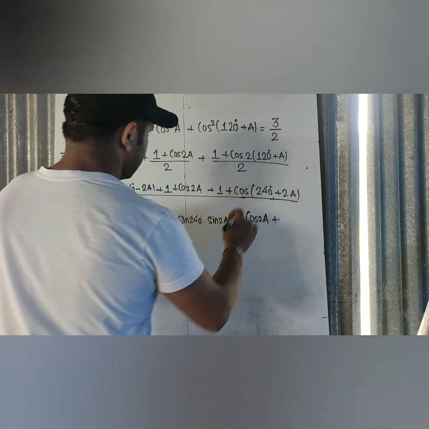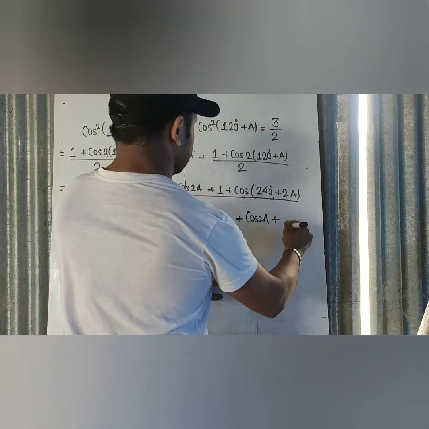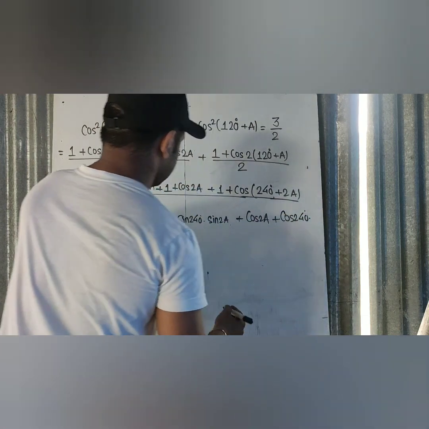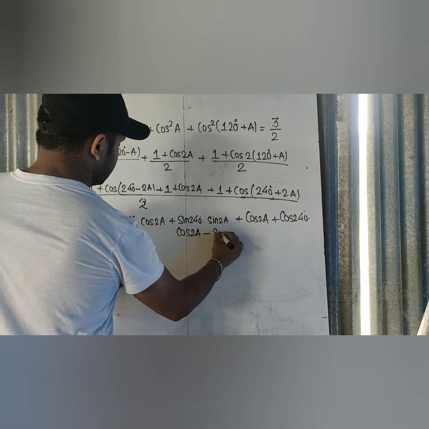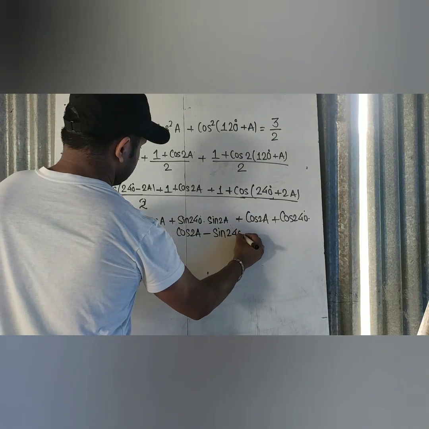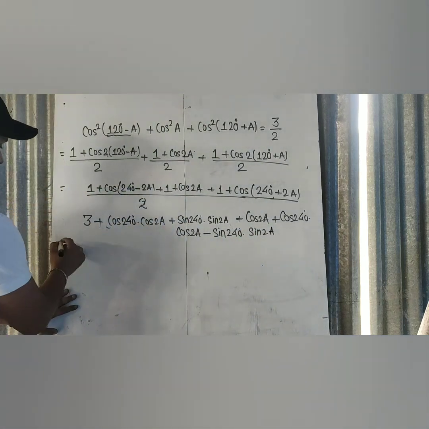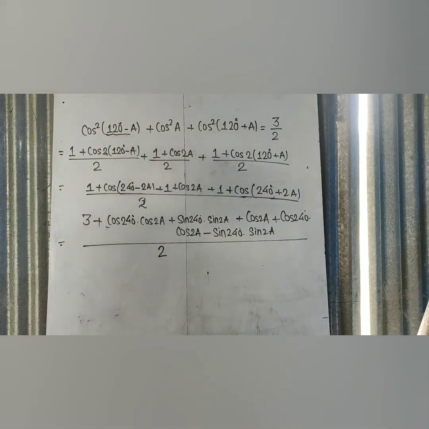Now again we can use the formula, or we can remove this cos sign here. Cos a plus b, cos a into cos b minus sin a into sin b. So this is all the numerator is divided by the denominator 2.